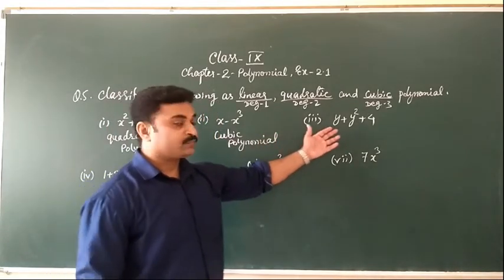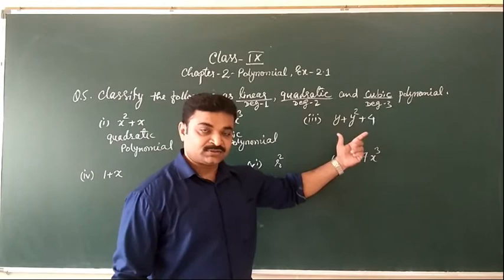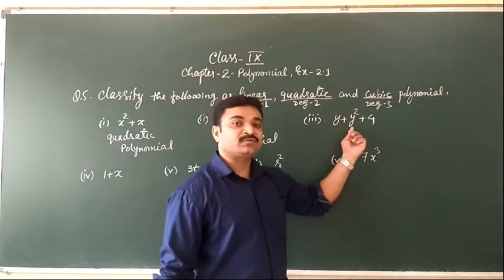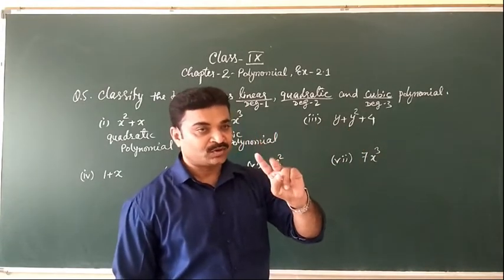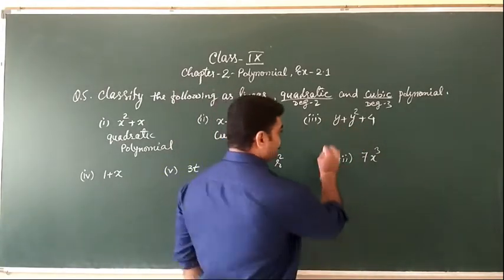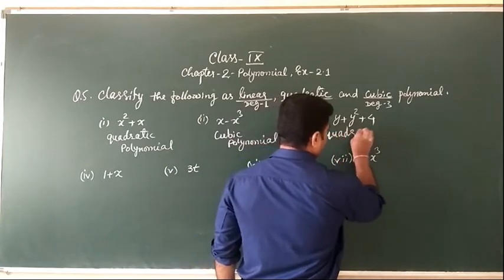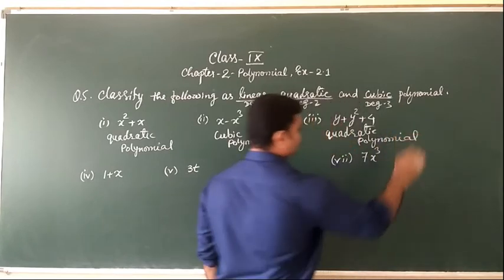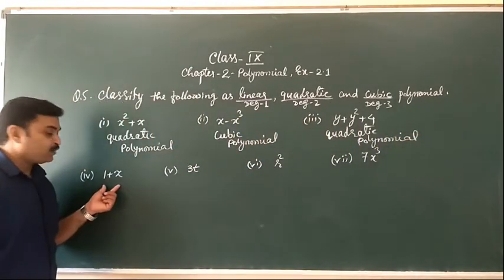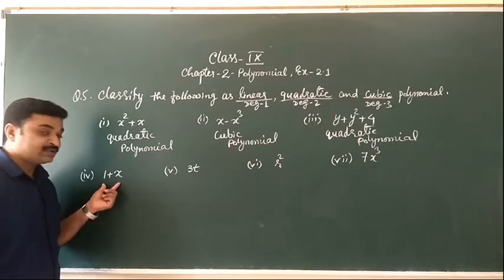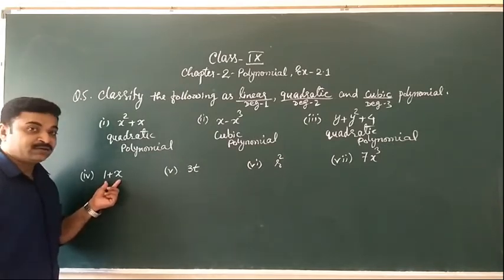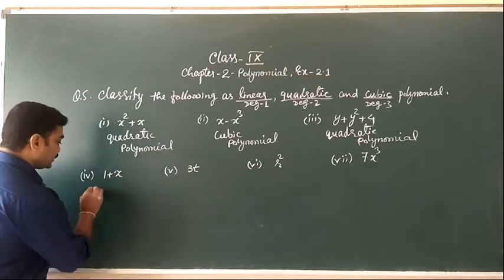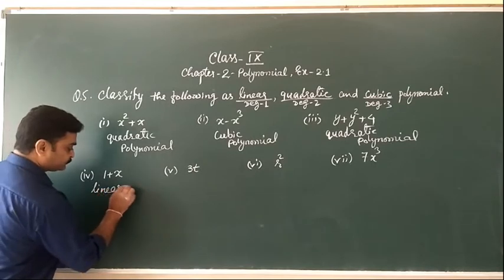In the third question, there are 3 terms. That means it's a trinomial, but the highest power of the variable is 2. That means it is again a quadratic polynomial. In the next question, 1 plus x is a binomial, but the highest power of the variable is 1. That means degree 1, so we write linear polynomial.